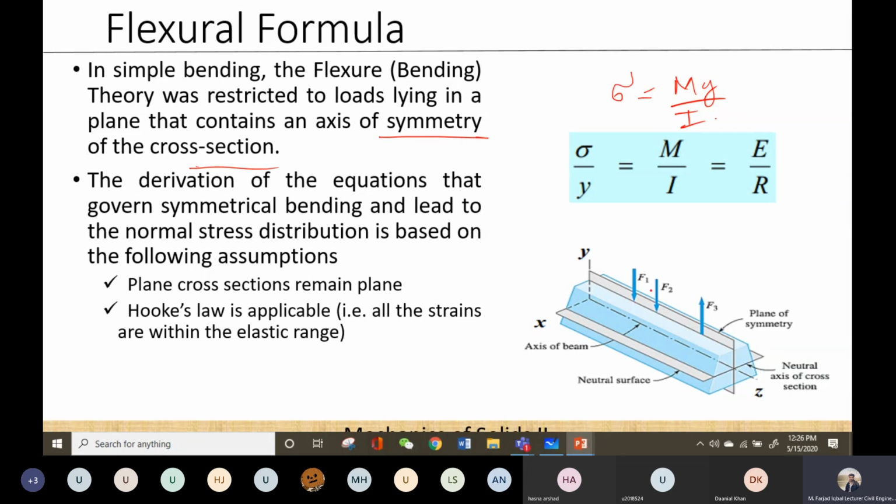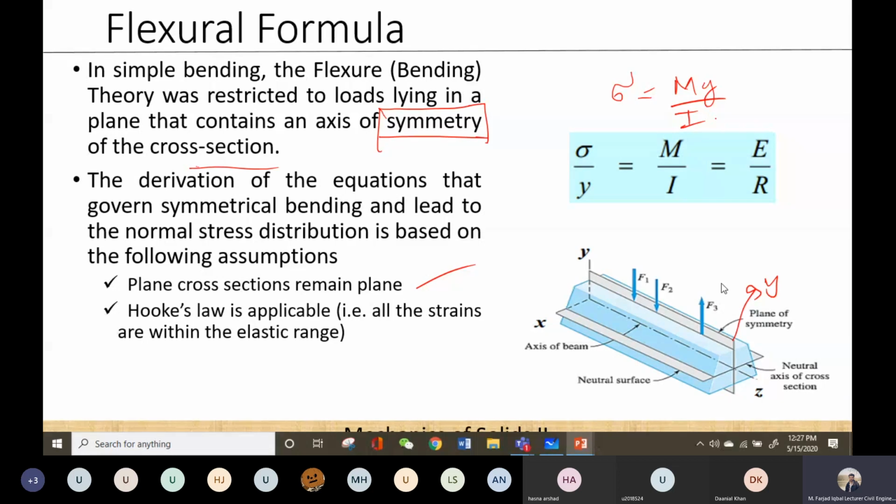For example, when the loads are acting parallel to this, let me call it the y-axis. For this type of loading you derive this formula, and we took two assumptions: that plane cross sections remain plane and that Hooke's law is applicable. This is an important point to understand: this formula was derived for loads acting parallel to one of the planes of symmetry.